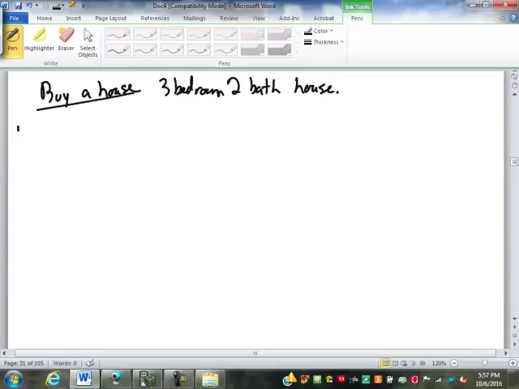You do your research and you find that in the area that you're looking, the mean price for a 3-bedroom, 2-bath is $124,000. You find that the standard deviation is $19,000.